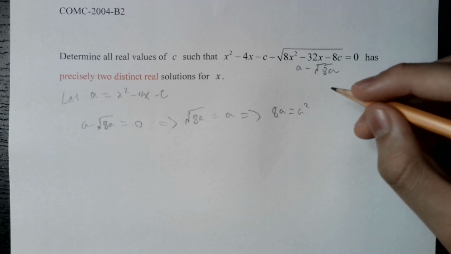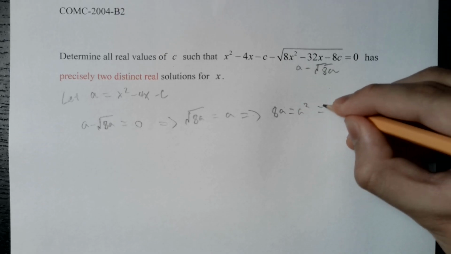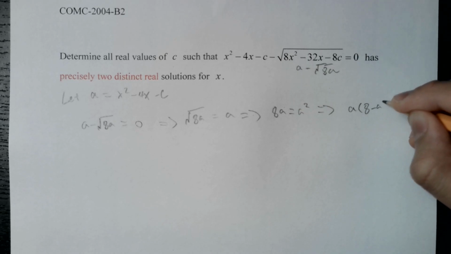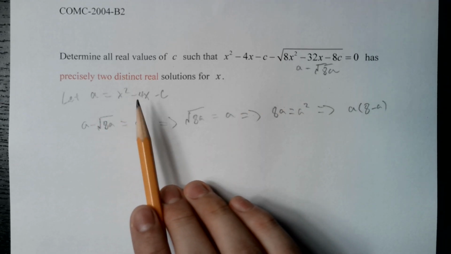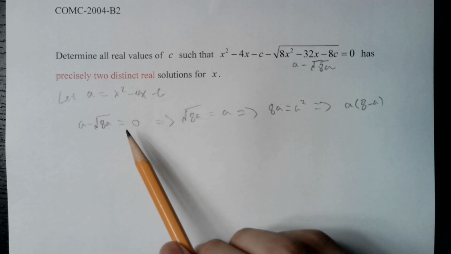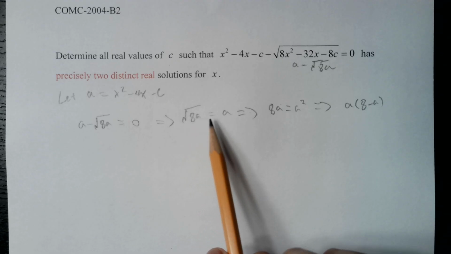So we let a be equal to x squared minus 4x minus c. We plug that in to receive this equation, and then we move the square root of 8a over to the other side to receive the square root of 8a equal to a.